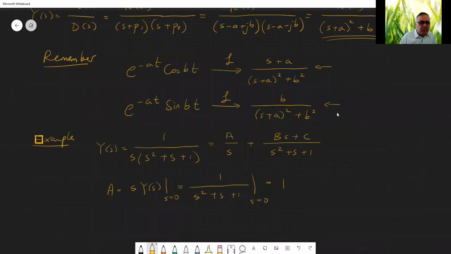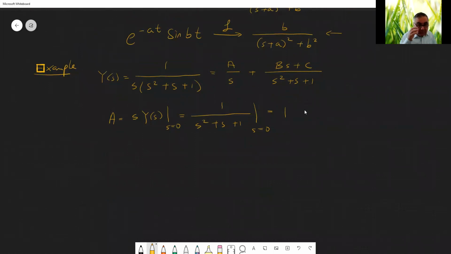Now for Bs plus C, you cannot do that. It's easiest if you equate the coefficients and denominators. So for example, since A is 1, 1 is equal to A times (s squared plus s plus 1) plus s times (Bs plus C). So they are equal.